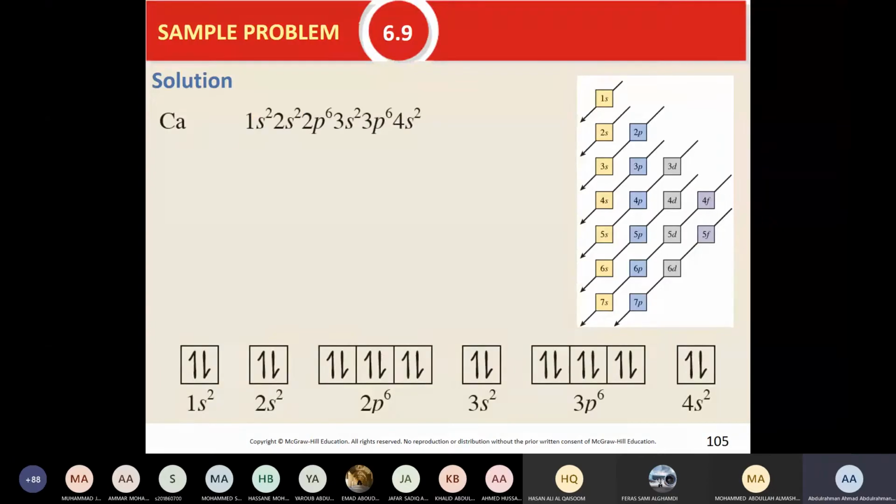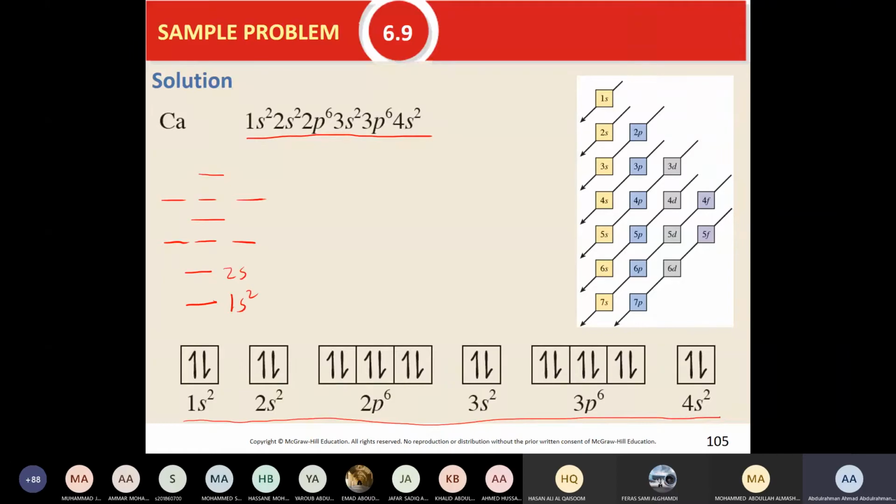And as I said, I can draw it this way. What else? Can I draw it another way? 1s2, 2s2, 2p6, 3s2, 3p6, 4s2.